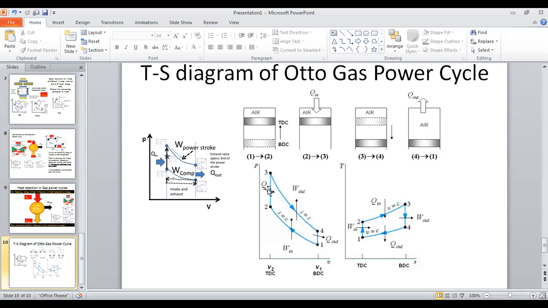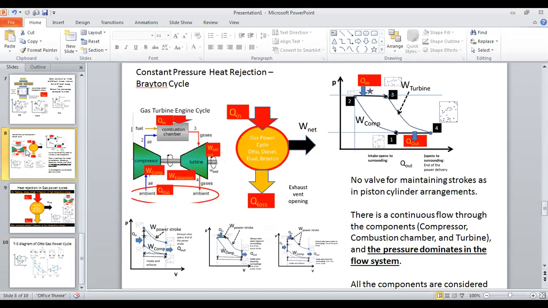So when energy is added from 2 to 3, entropy rises. When energy is received by the system, let me explain what is there.